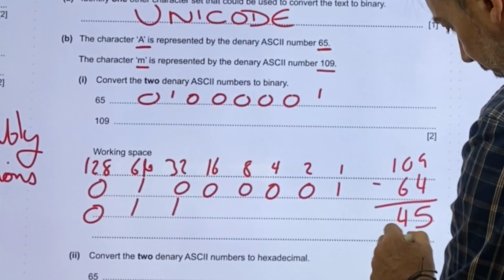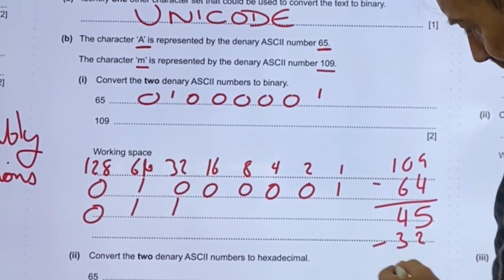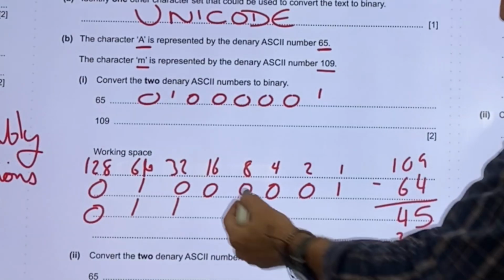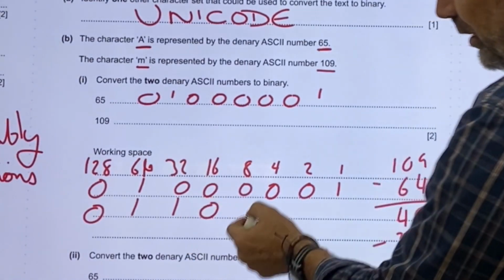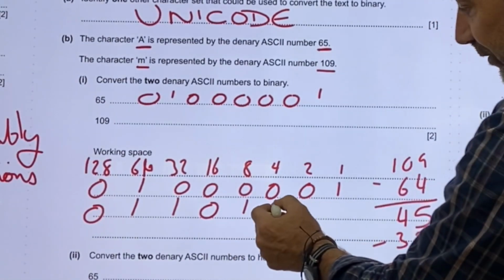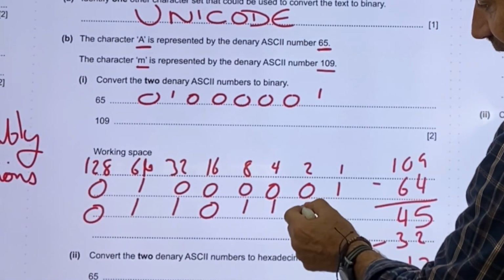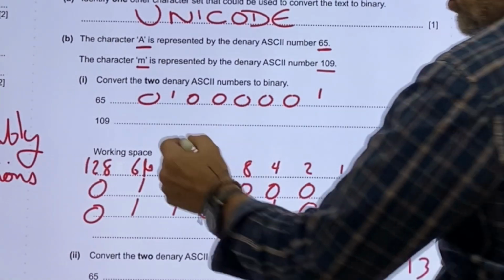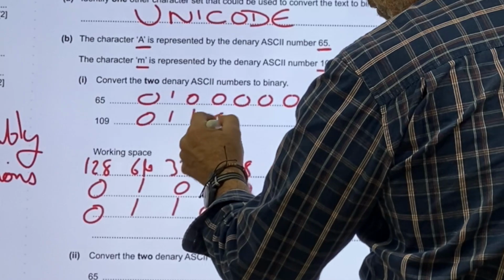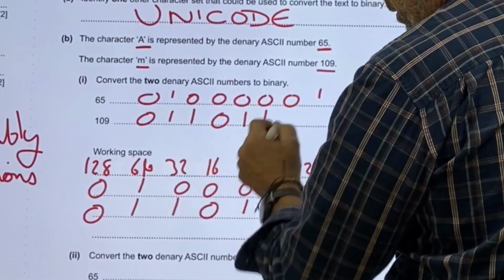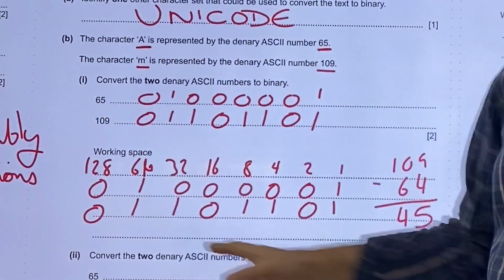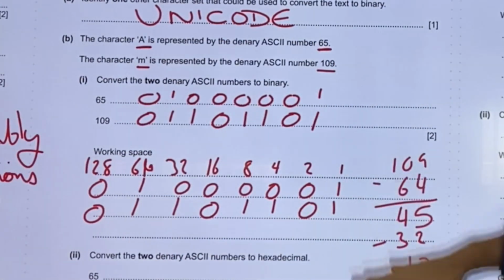So let's take away 32 from this. We've got 13 left. 16 doesn't go into 13. 8 goes into 13, which means we've got 5 left. So 4, 0, 1. Okay, so that would be 0, 1, 1, 0, 1, 1, 0, 1. So that would be our two numbers there.